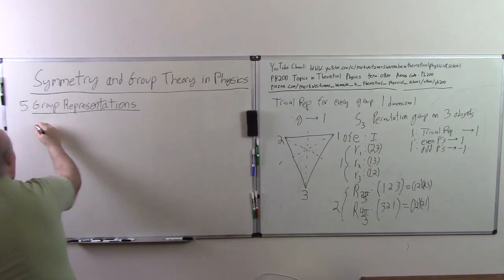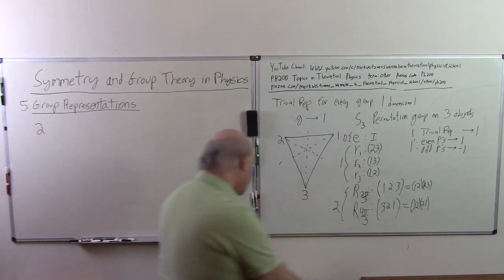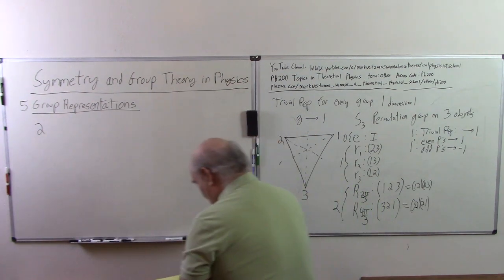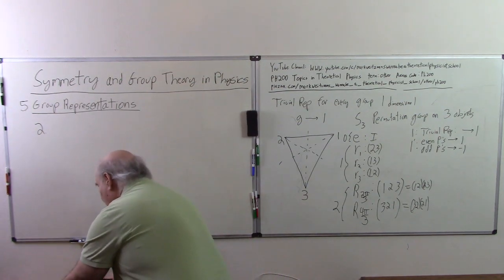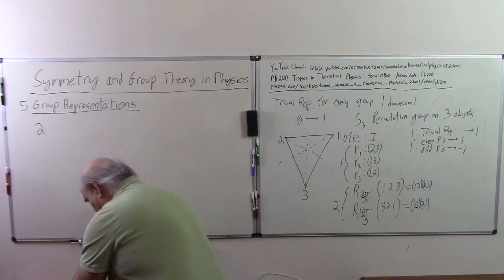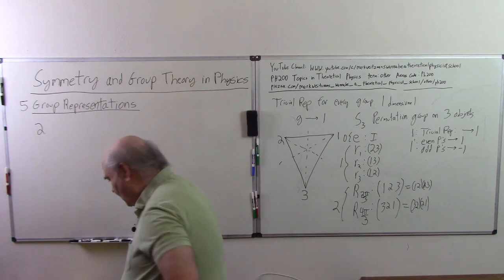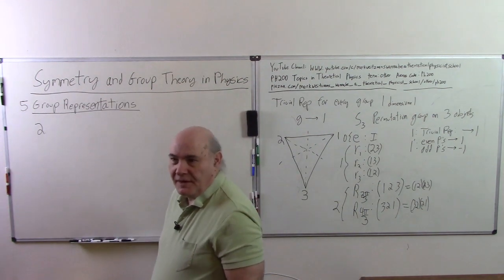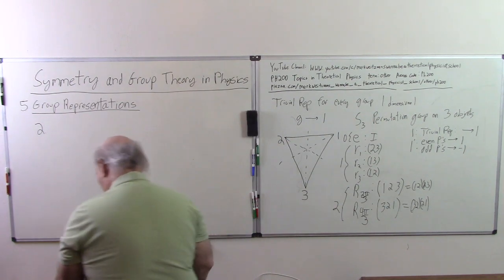Now, there's a 2-dimensional representation. Here, what we're going to do is assign to each group element a 2-dimensional matrix. Where these come from, I'll explain in a while, but for now I'm just going to write them down.